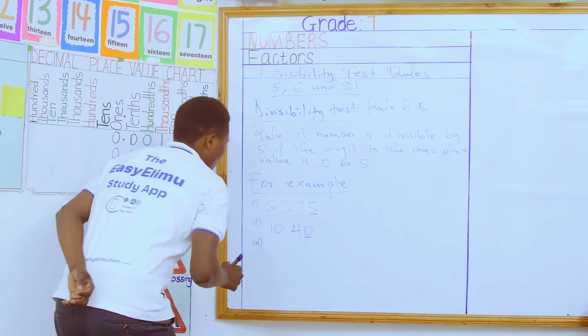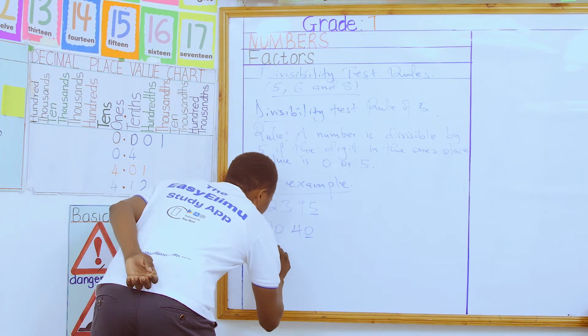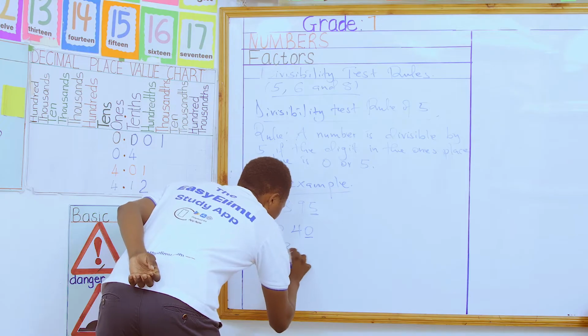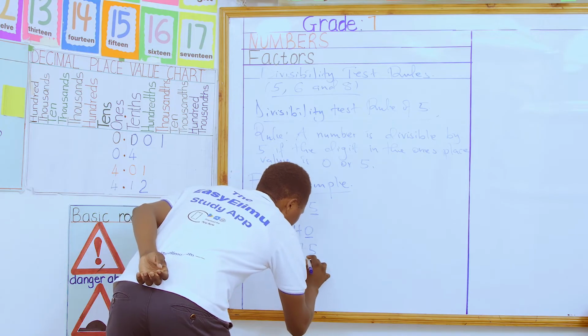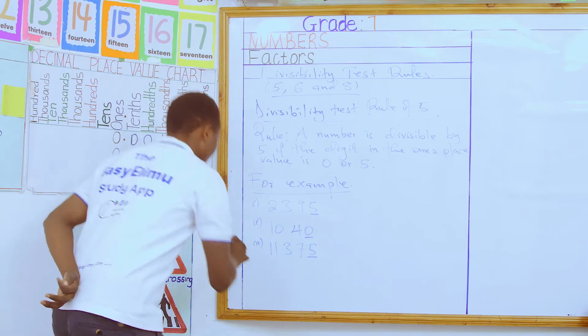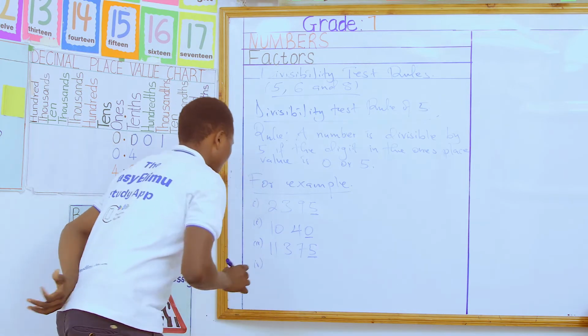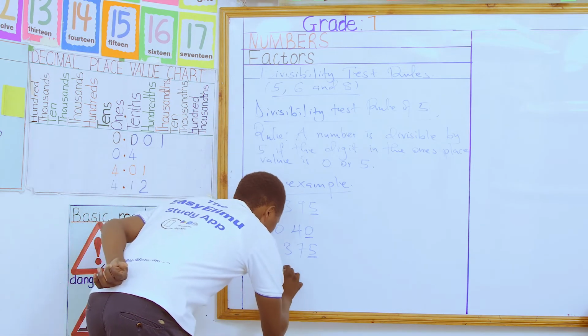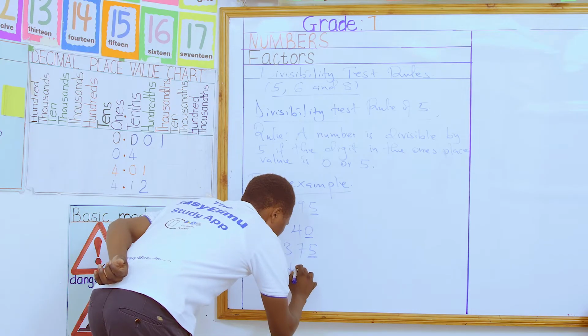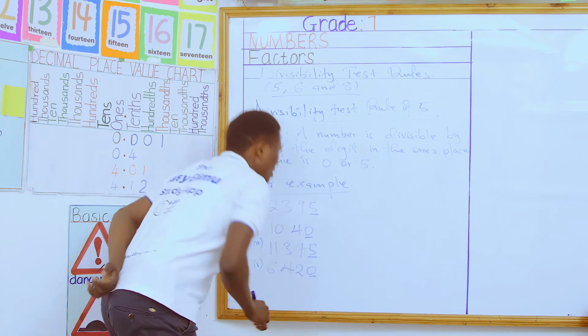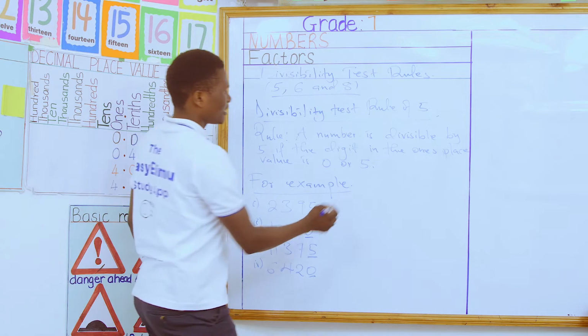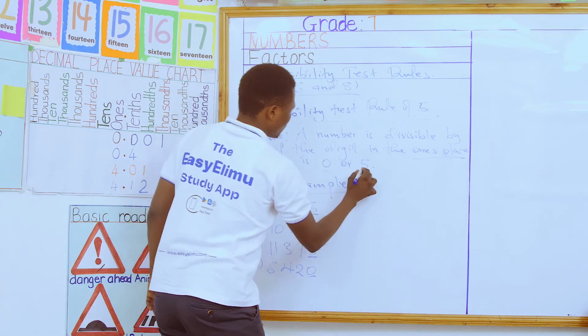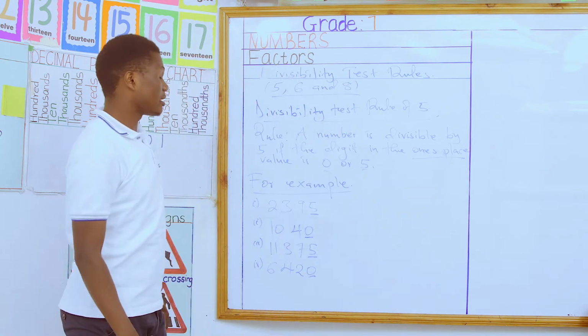Number 3, you can have a number like 11,375. The last digit is 5. You can also have a number like 6,420. So long as the digit in the ones place value is 0 or 5, then that particular number is divisible by 5.